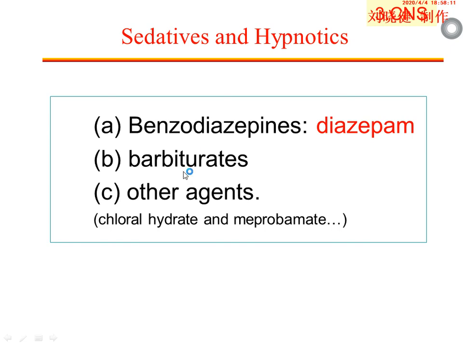And they also have different mechanisms. Benzodiazepines bind to the GABA receptor and increase the frequency of chloride channel opening, so they increase chloride ion influx. But barbiturates just prolong the opening of the chloride channel, prolonging the duration. The result is that both increase the inhibitory effect on the CNS, but they have different mechanisms.